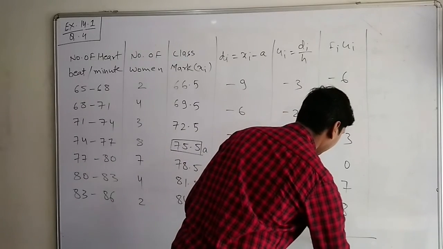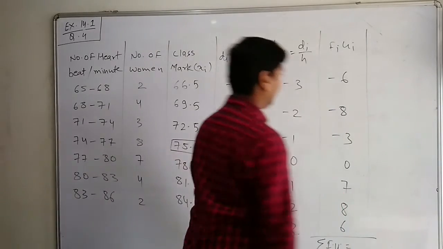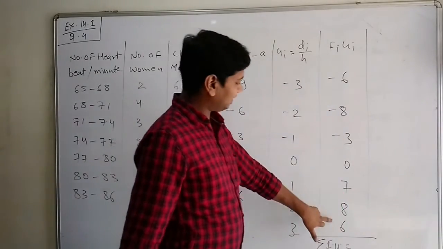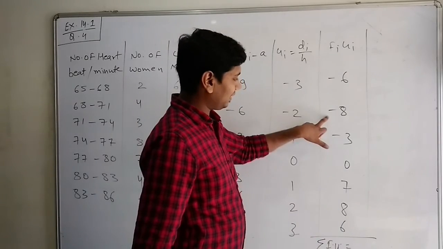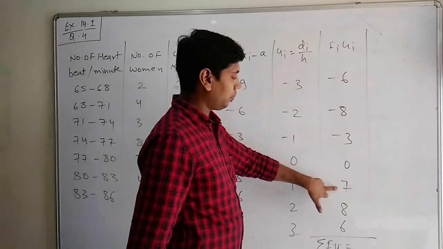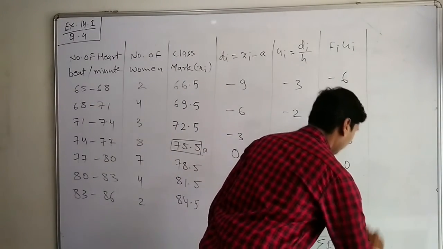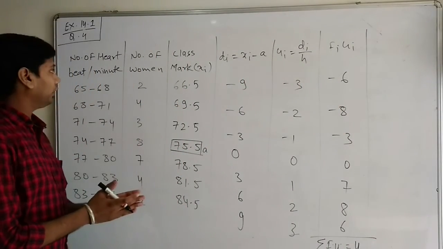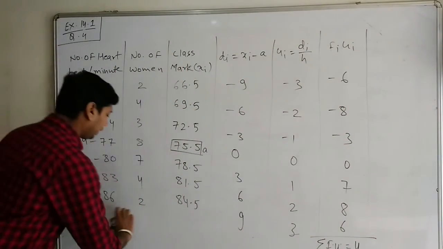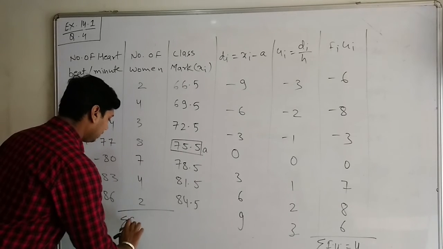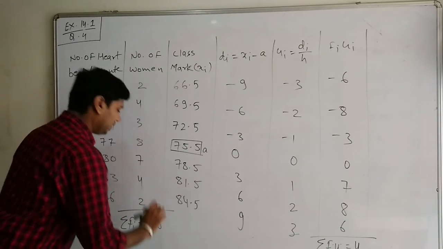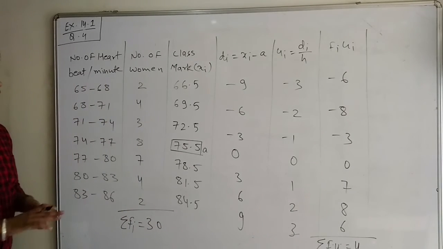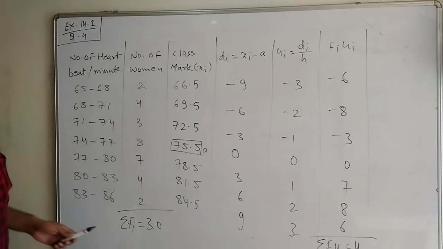Now find sigma fi ui. Minus 6 plus 6 cancel, 8 minus 8 cancel, minus 3 plus 7 is equal to 4. So here sigma fi ui is equal to 4 and the total number of women is already given, which is 30. Now we have to find the mean.